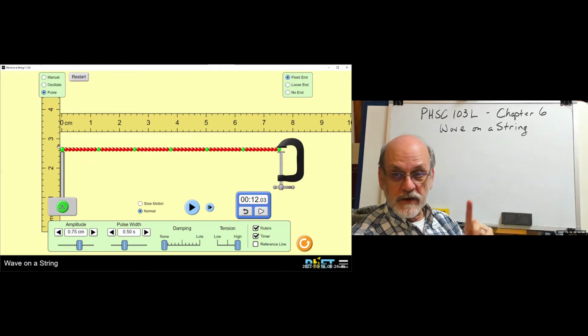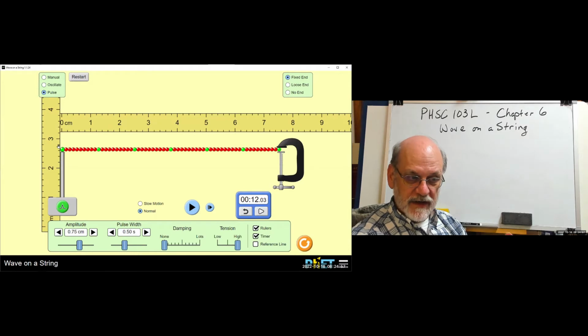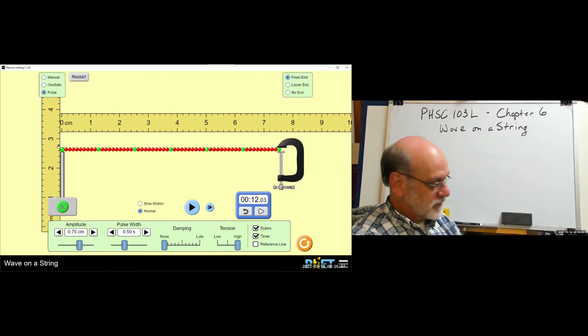Now, here's the real catch. This is the pot of gold at the end of the rainbow. What's the speed of the wave? The length it travels in how many seconds? It travels 7.5 times 2 is 15 centimeters in 15 seconds. Right?